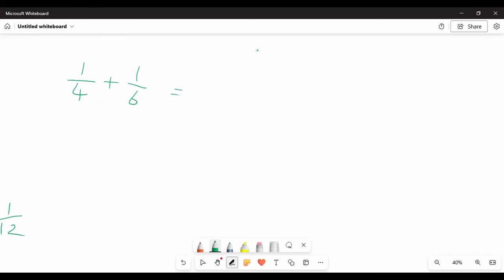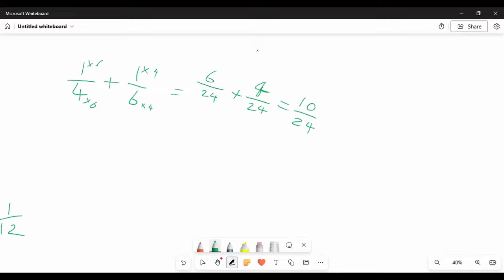Okay, we'll solve that and see. So 1 over 4 means I can multiply this by 6, this by 6, and for the other, this by 4, this by 4. So my fraction is going to be 6 over 24 plus 4 over 24. The total is going to give me 10 over 24.